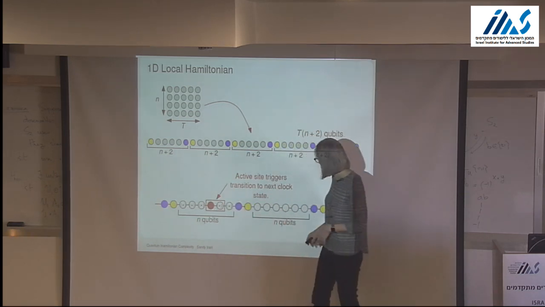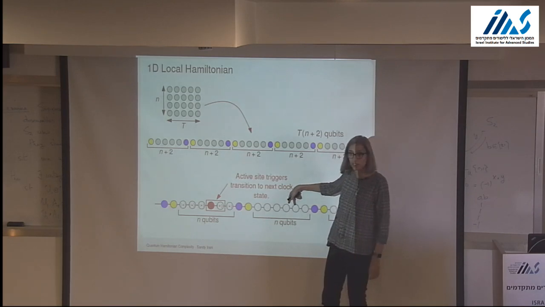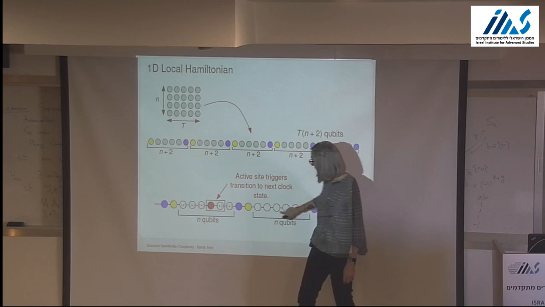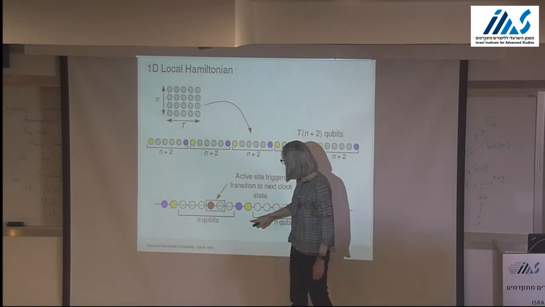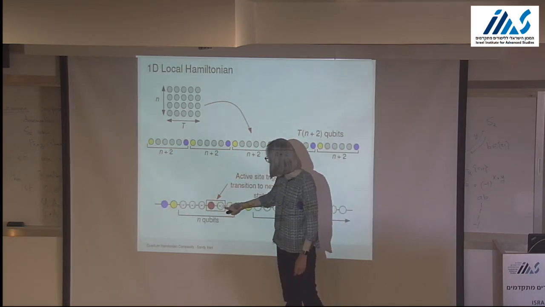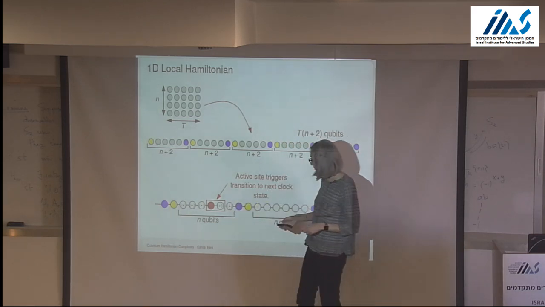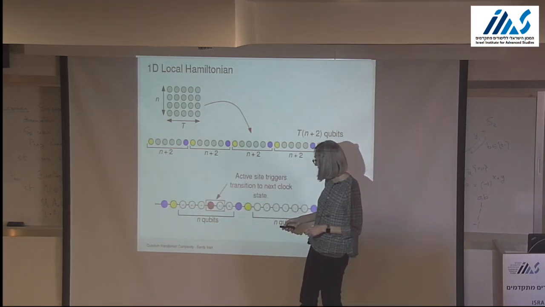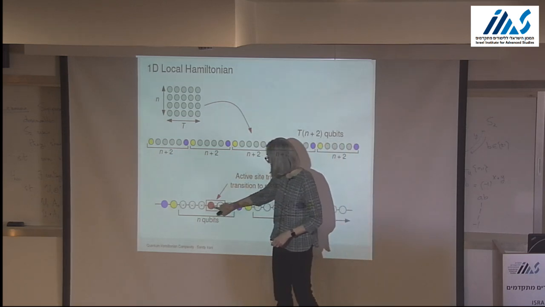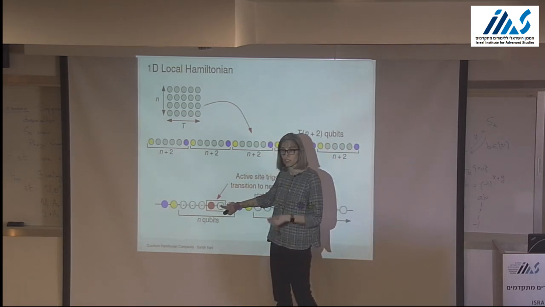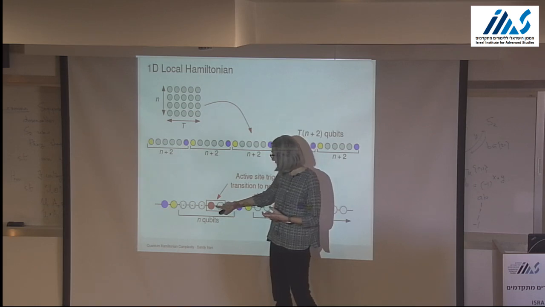That ensures I'm not going to be able to apply a propagation term somewhere else in this chain. So if I have a valid configuration, then there's only one place where the active site is, and that's what the Hamiltonian term will apply to. It moves over one, it triggers the execution of a gate, and then the cursor moves over to the next position.